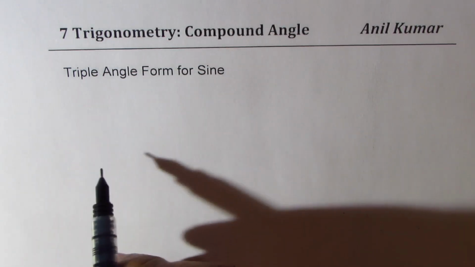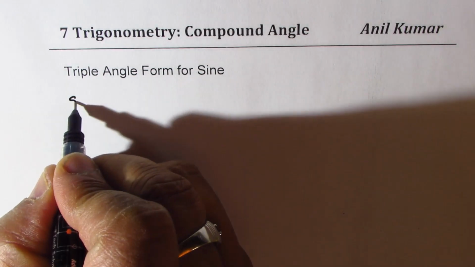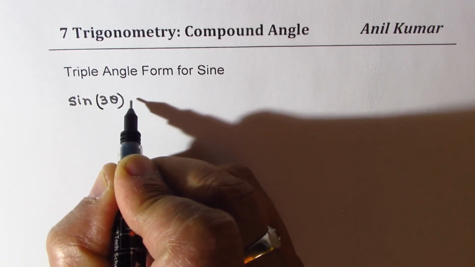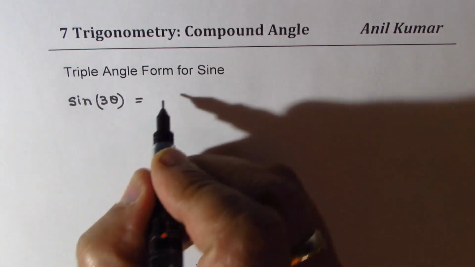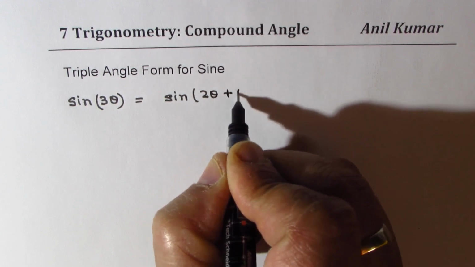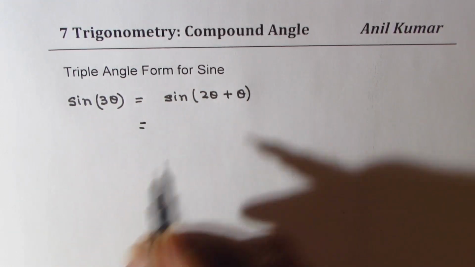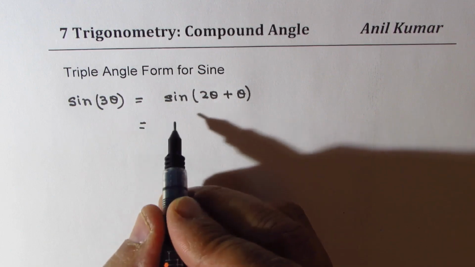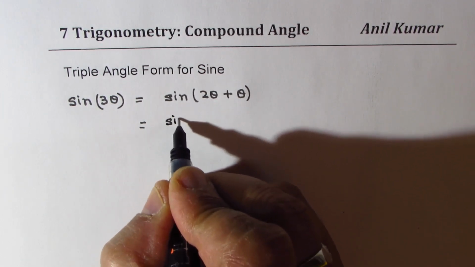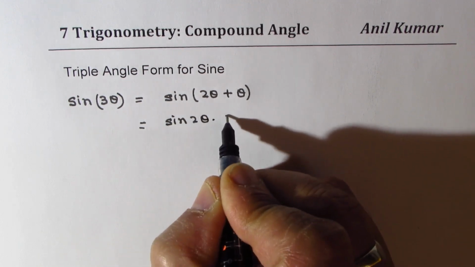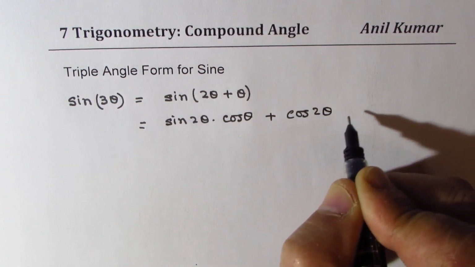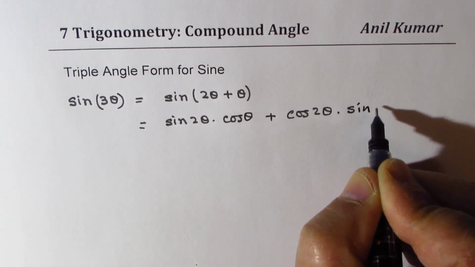Now let's talk about the triple angle formula for sine. If I have to find the formula for sine 3 theta, what can I do? I can rewrite this as sine of 2 theta plus theta, correct? Then expand it using the compound angle formula, sine A cos B plus cos A sine B. So I could write this as sine of 2 theta times cos of theta plus cos of 2 theta times sine theta.